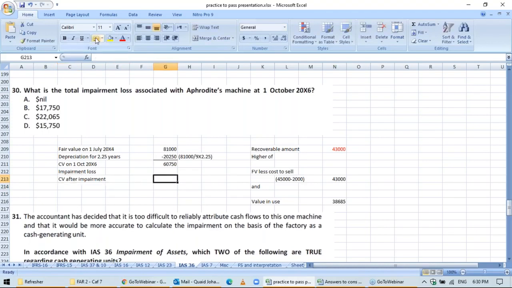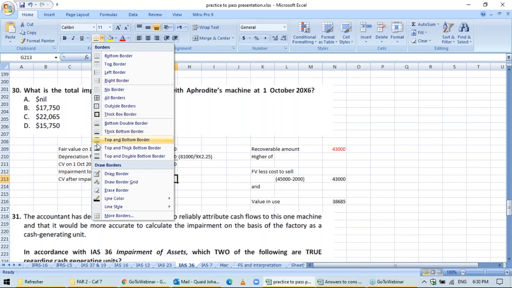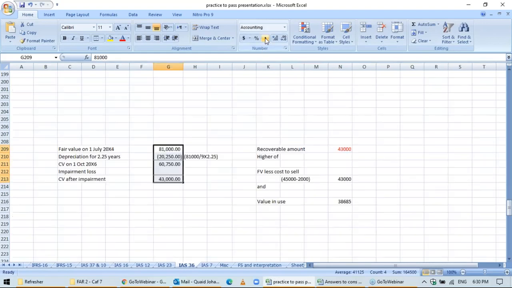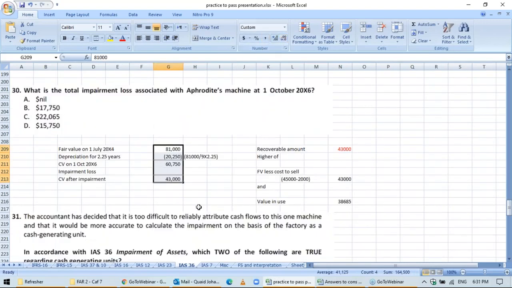What's the impairment loss? The carrying value is going to be 43,000. We have to bring it down. We are overstating the asset's value at 60,750, so we have to bring it down to 43,000 to report it correctly.